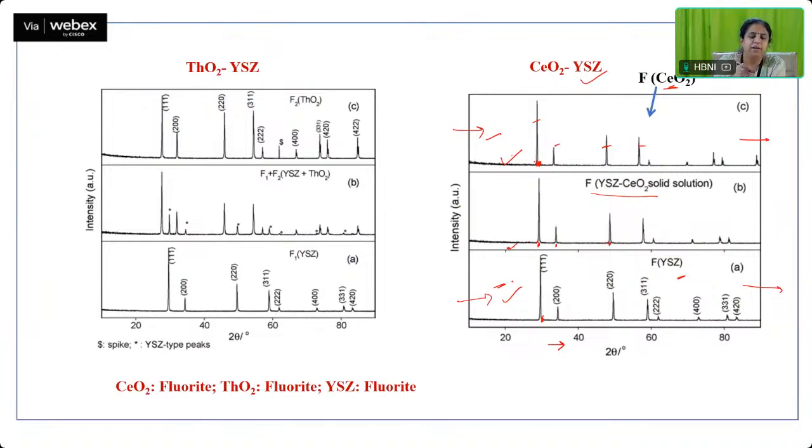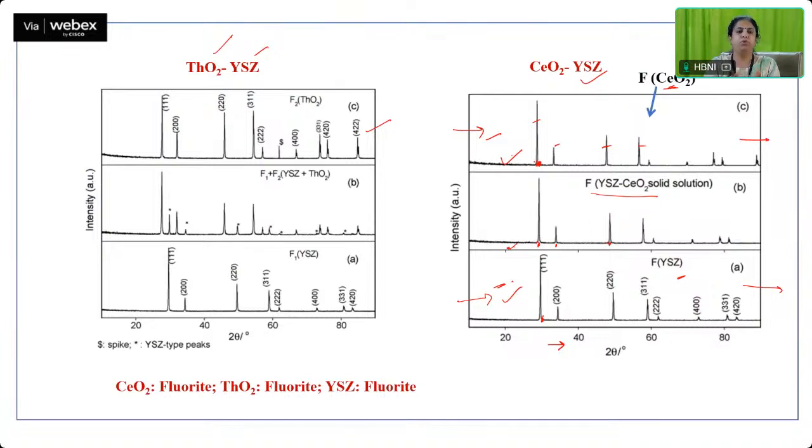On the other hand, when I tried to make a similar phase relation between thoria and YSZ, there was absolutely no miscibility from both ends, despite the fact that thoria also crystallizes in fluorite type like ceria and YSZ. So thoria and YSZ did not show any miscibility. Of course, we'll talk about the reasons, not here, because that is not in the purview of the class.